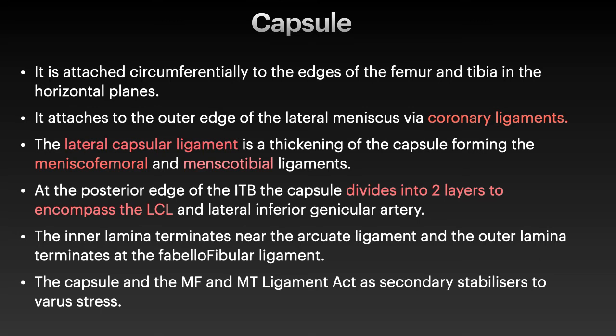At the posterior edge of the IT band, the capsule divides into two layers encompassing the LCL. The inner lamina terminates near the arcuate ligament and the outer lamina terminates at the fabellofibular ligament. The capsule and the meniscofemoral as well as meniscotibial ligaments act as secondary stabilizers to varus stress.